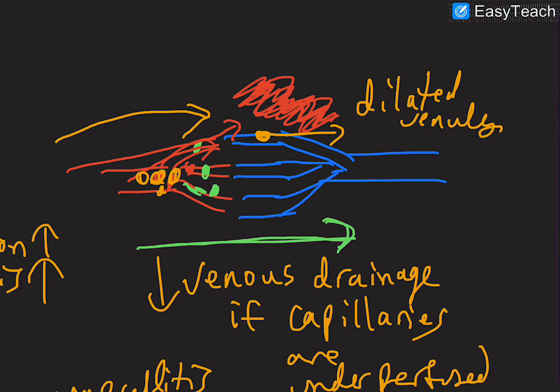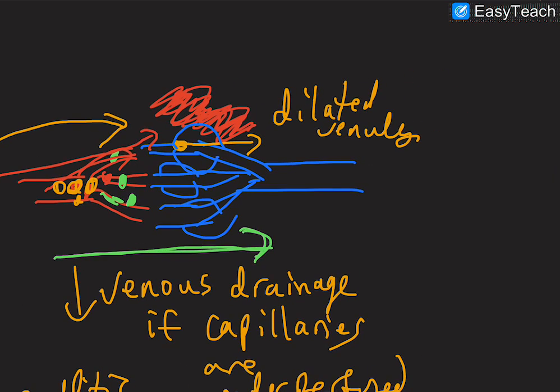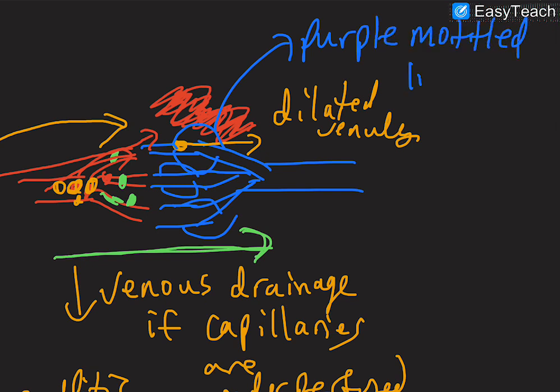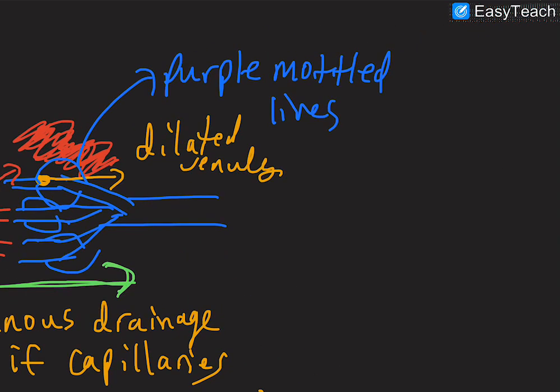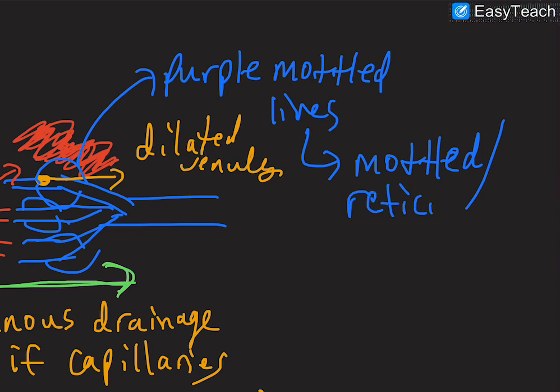Your venules can get all dilated, and that shows as purple mottled lines. This is the classic pattern that you see in livedo reticularis, which is a mottled, reticular pattern, so a net-like pattern, and purple discoloration.